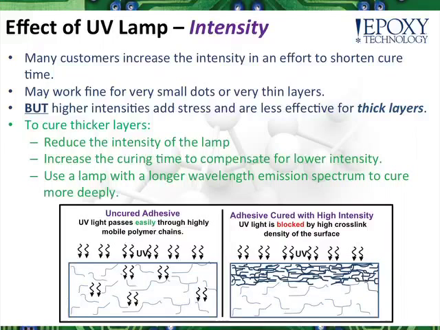With a proper intensity, you can create great depth of cure, up to 1 millimeter, or I've even seen a couple of millimeters with lower intensity. In this case, larger bond lines require longer wavelengths. The higher wavelengths in the UV have less energy, and they're going to create better depth of cure.